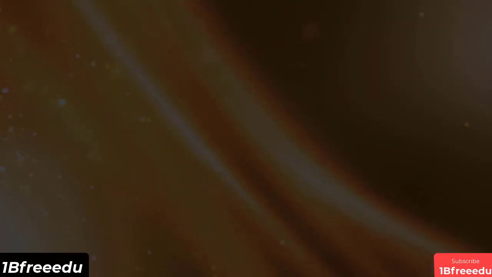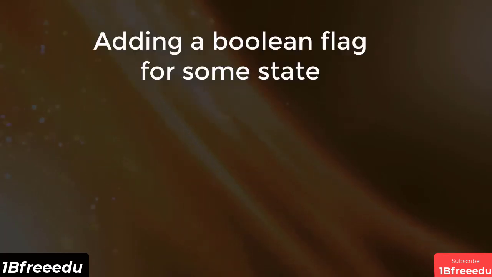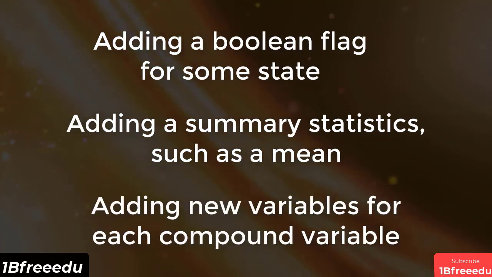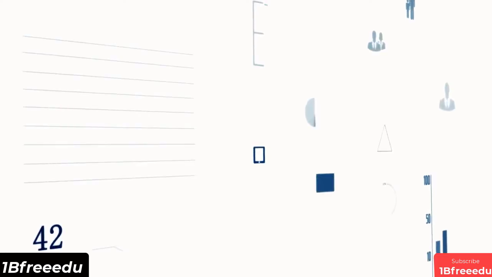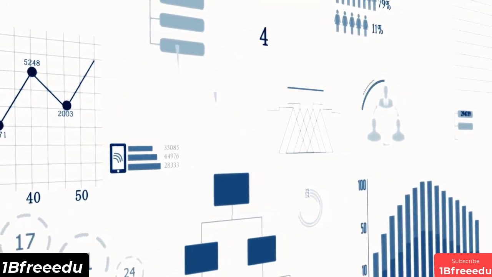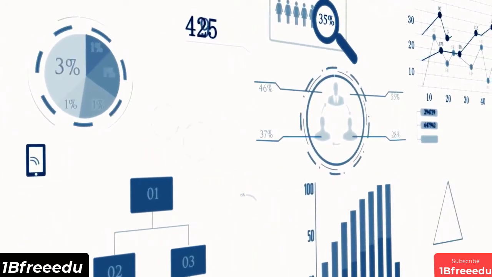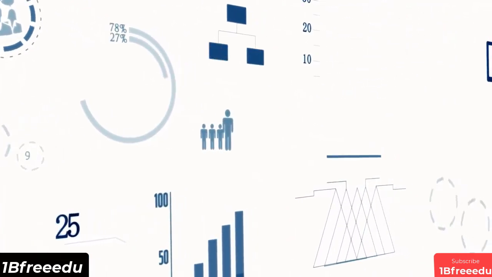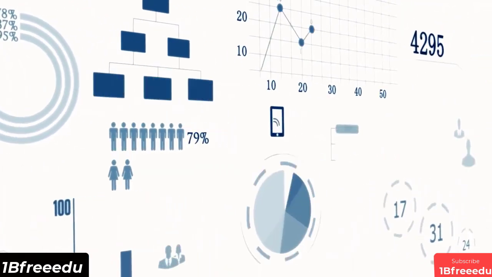Nevertheless, there are a few techniques that can be used, such as adding a Boolean flag variable for some state, adding a group of global summary statistics, such as a mean, adding new variables for each component of a compound variable, such as date-time. A popular approach drawn from statistics is to create copies of numerical input variables that have been changed with a simple mathematical operation, such as raising them to a power or multiplying them with other input variables, referred to as polynomial features.